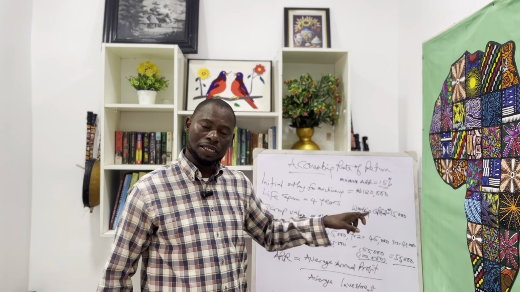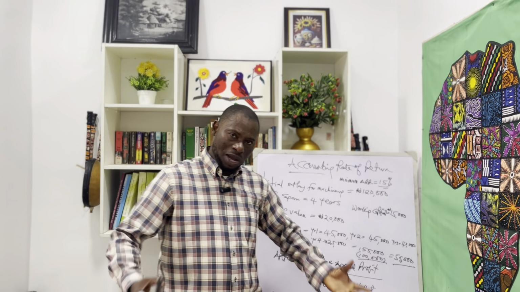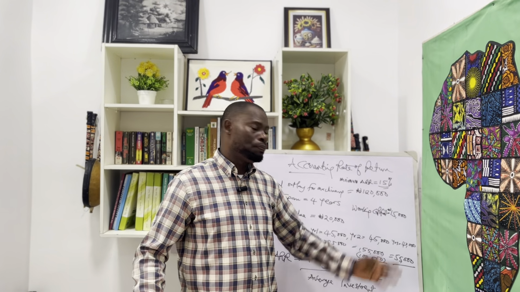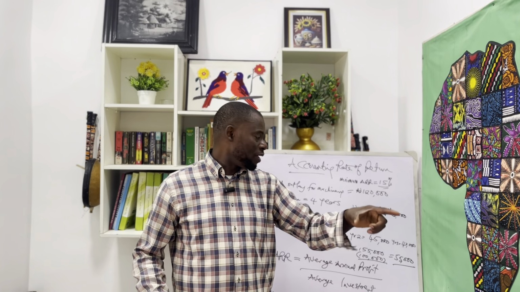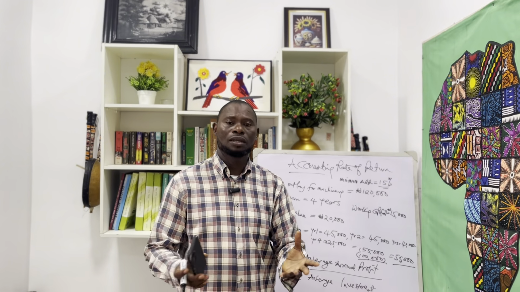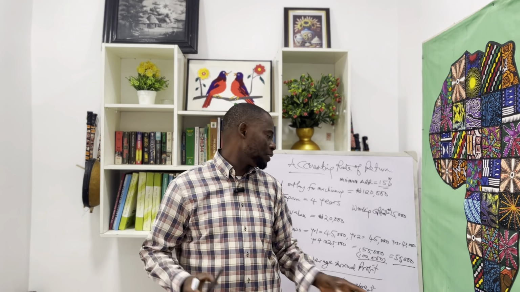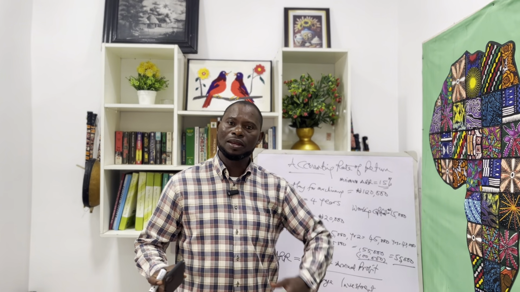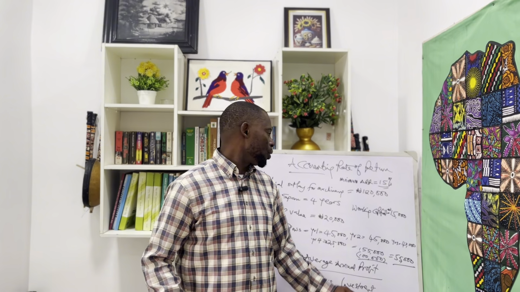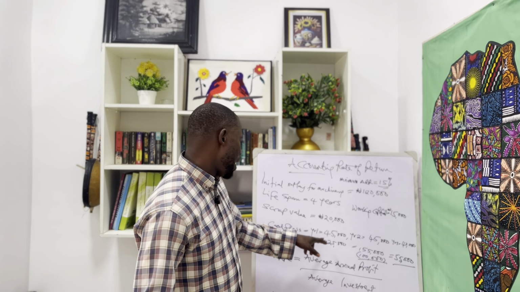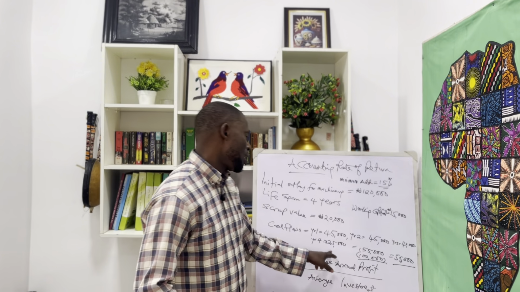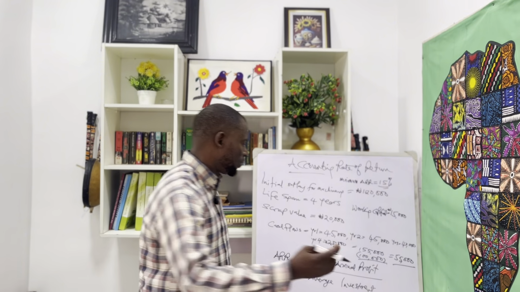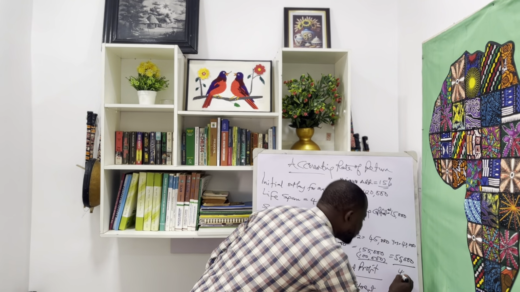And for us to get the average, how do you calculate an average? Your simple statistics is the total of the items being observed divided by the number of the items. So how many years do we have? We have 1, 2, 3, 4. It means to get the average, we'll simply divide by 4.